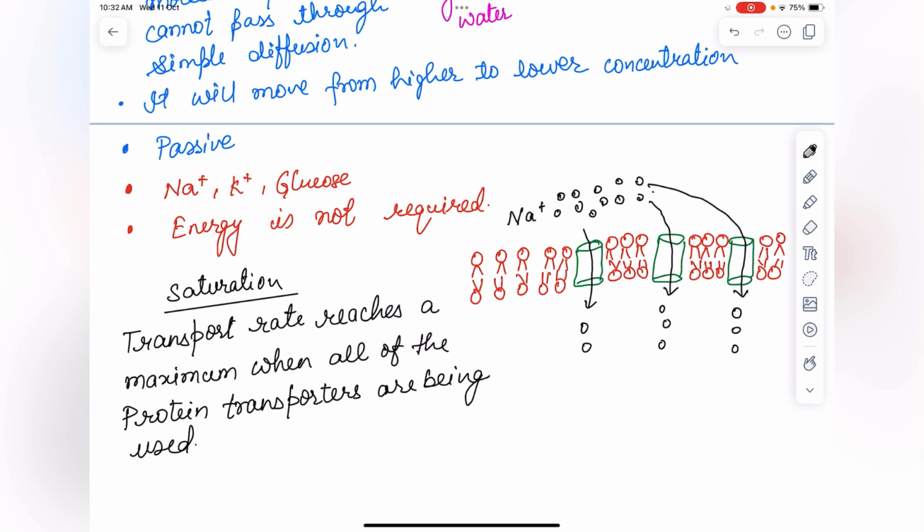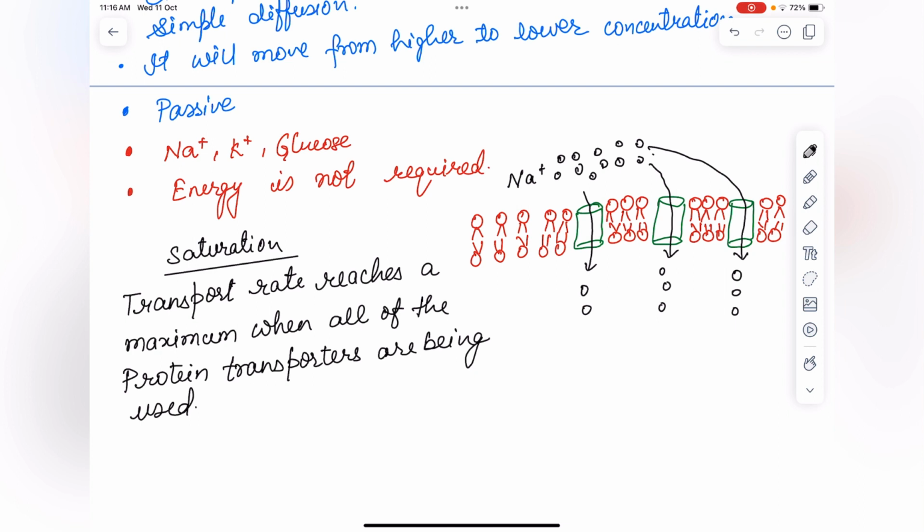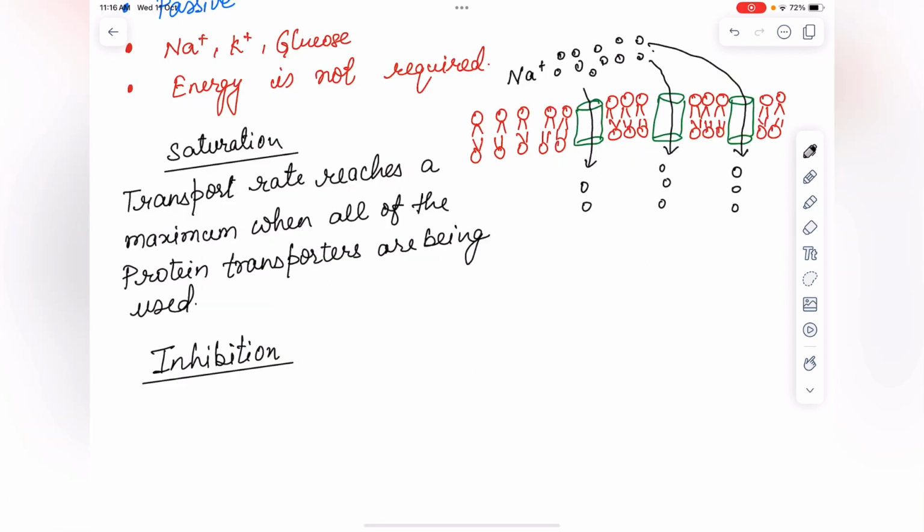Now next, facilitated diffusion is very specific. It allows cell to uptake substances. It is sensitive to inhibitors which react with the protein side chains. Inhibition. What is inhibition?